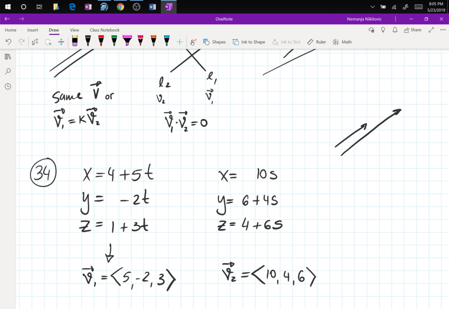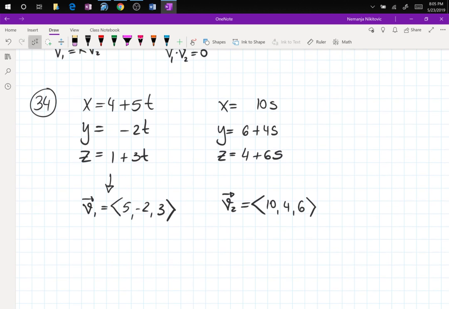It's the same vector times the scaling factor. So for vectors V1 and V2, V1 equal to kV2, the way I just defined it, fails. So not parallel, right?